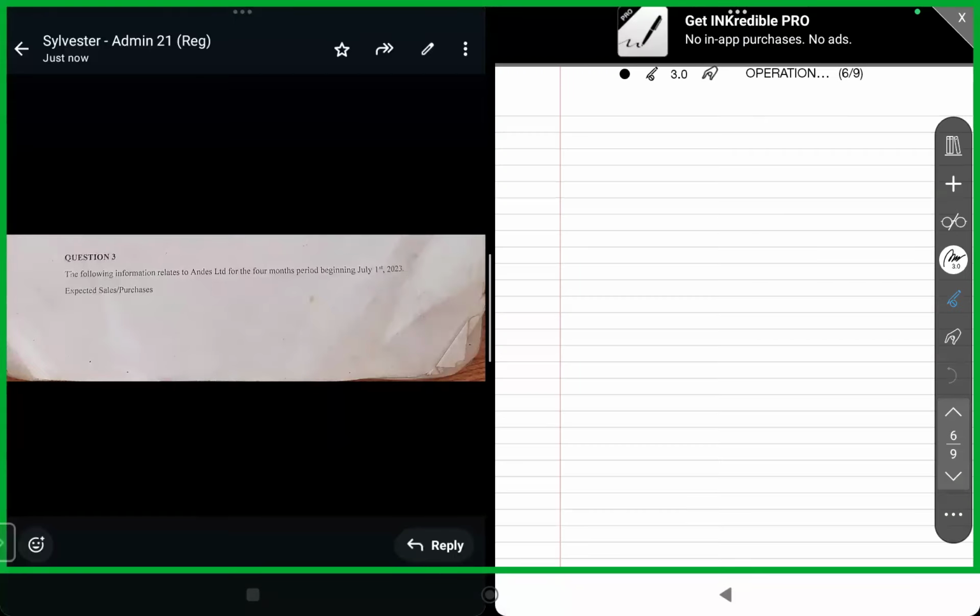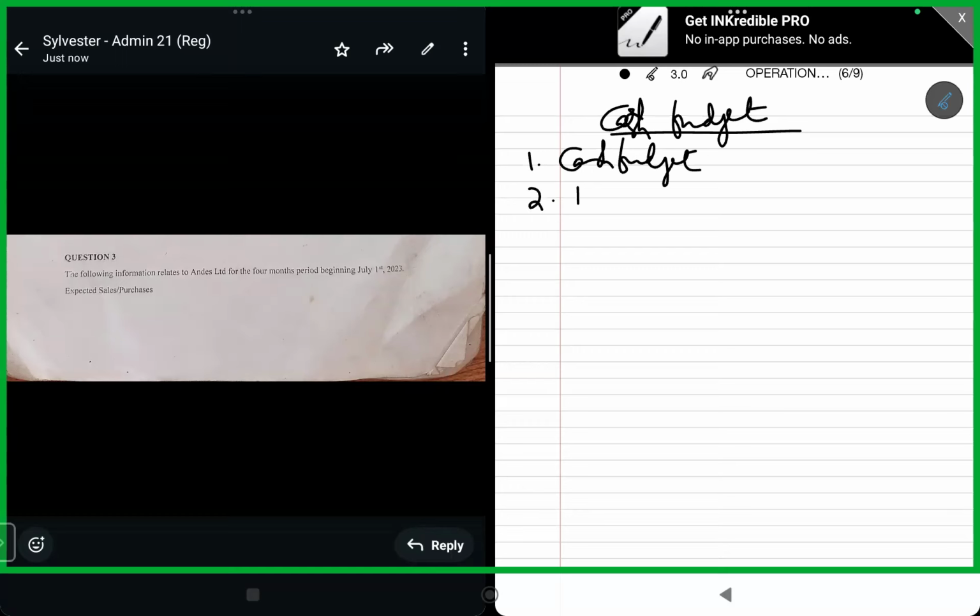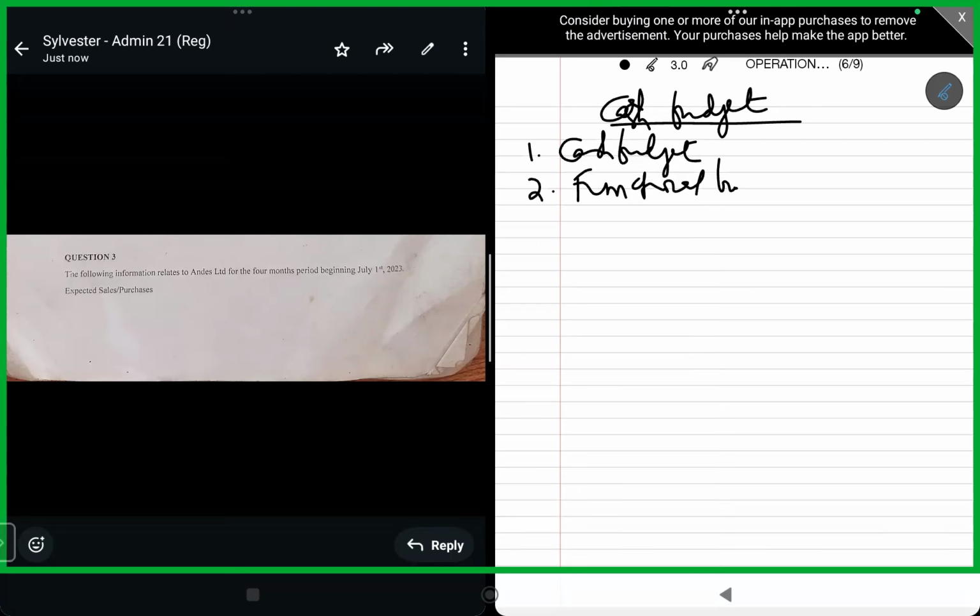Okay. So we are going to work on cash budgets. There are different kinds of budgets. We have the cash budget itself. We have functional budgets. We have master budgets.